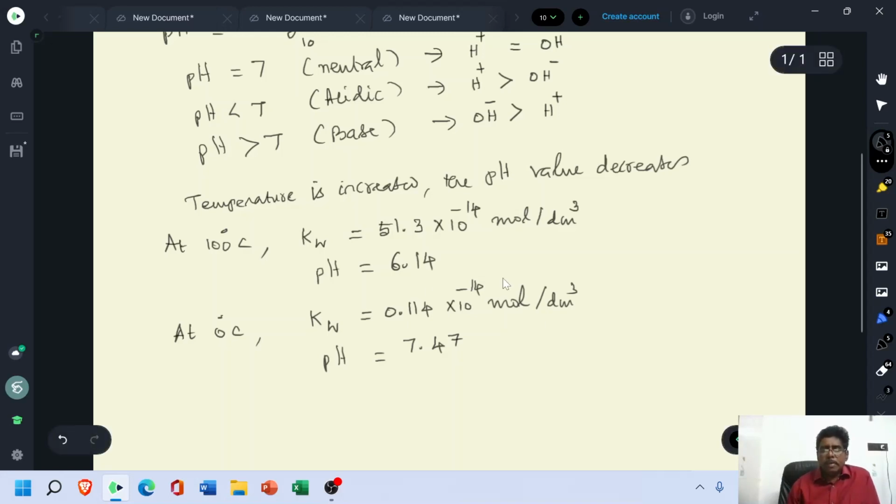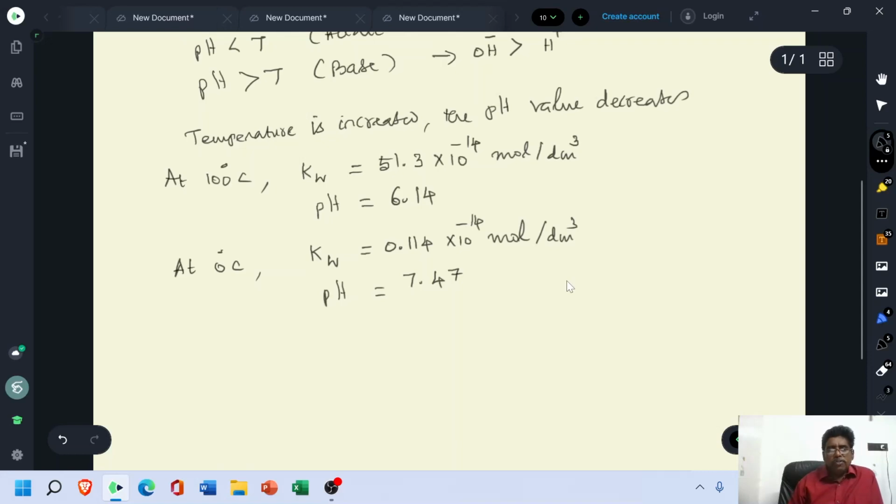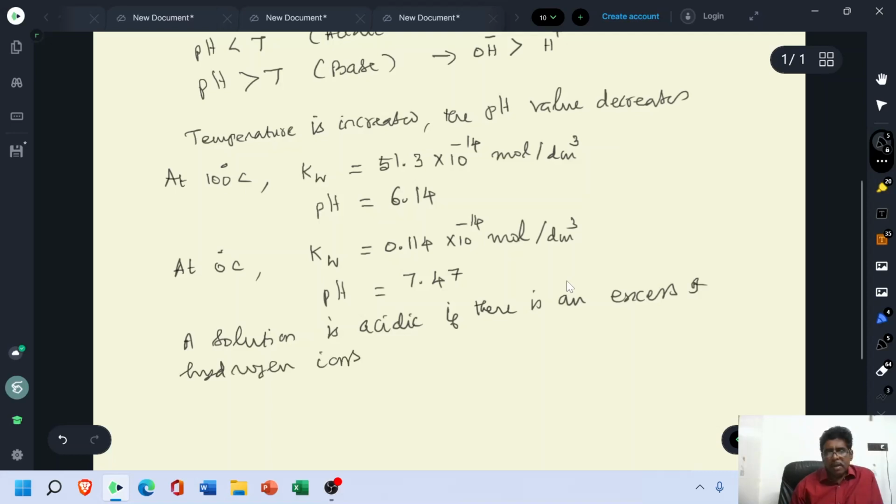Because a solution is acidic if there is an excess of hydrogen ions over hydroxide ions.